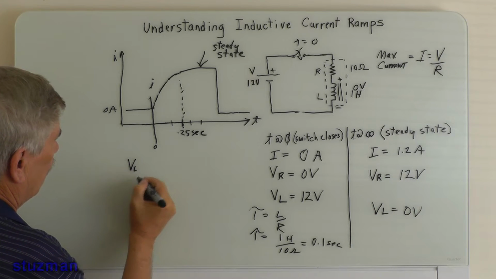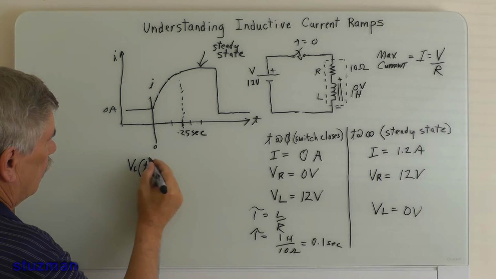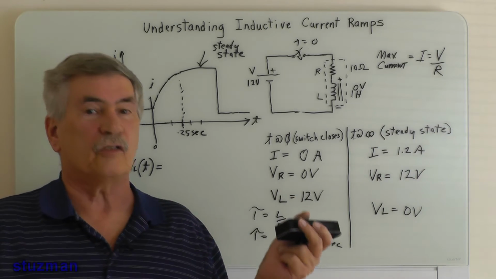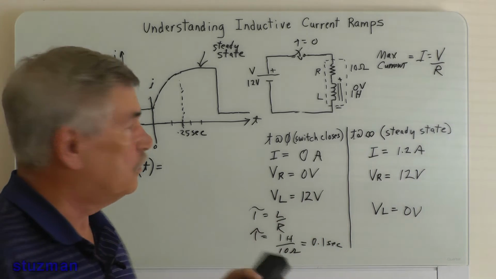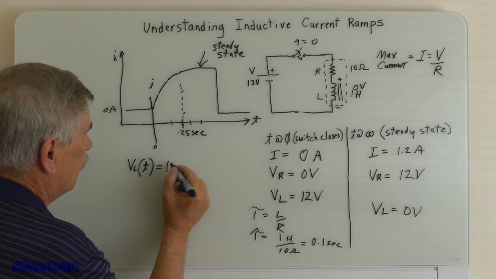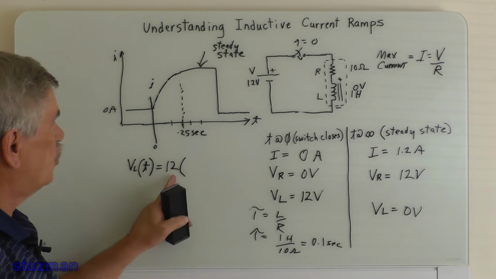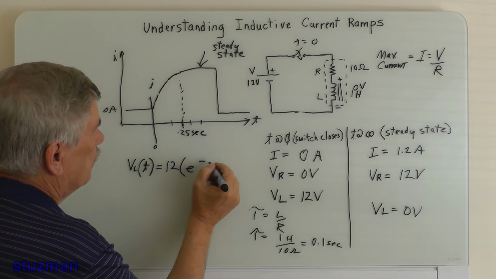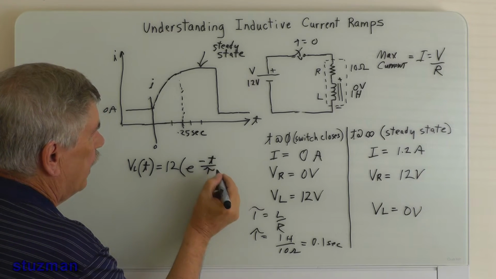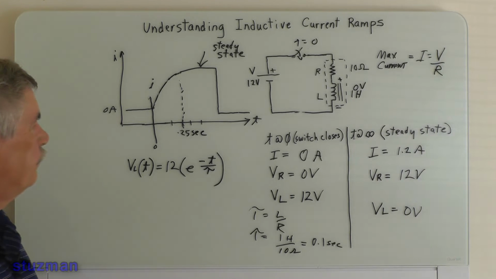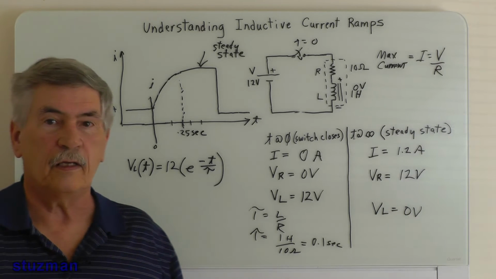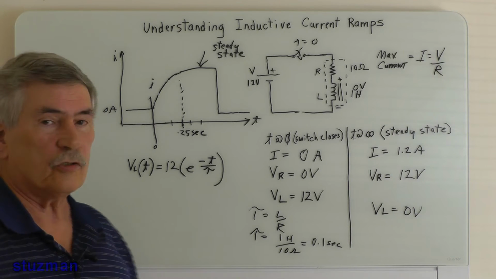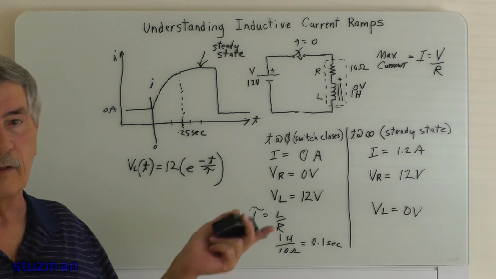The voltage across the inductor as a function of time is our supply voltage, 12 volts, multiplied by E to the minus T divided by tau, and there we go. So all we have to do is plug in a time to find how much voltage is across the inductor.